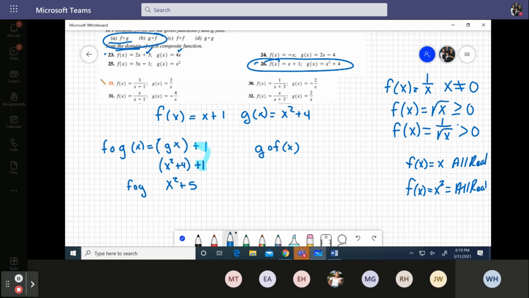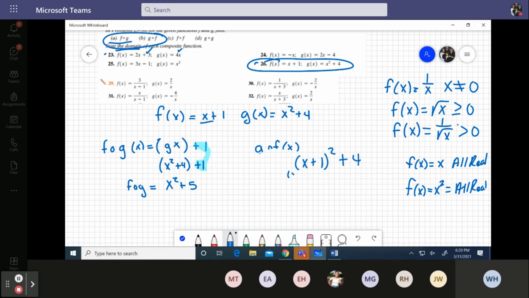G of f, I've got to put x squared, and f of x has got to go inside of that parentheses. So I'm going to take out that, and I'm going to say x plus 1.